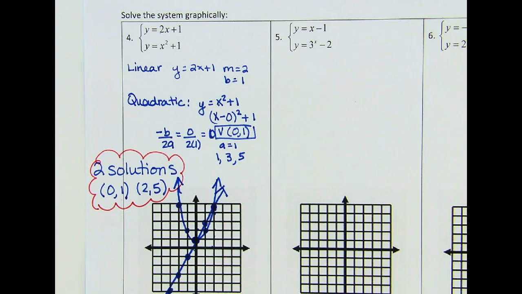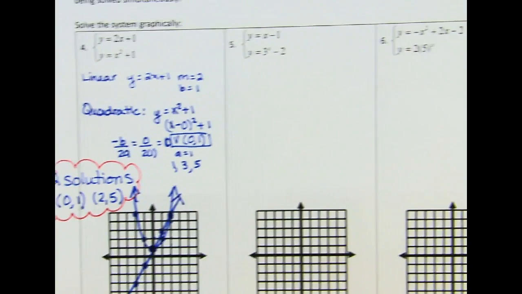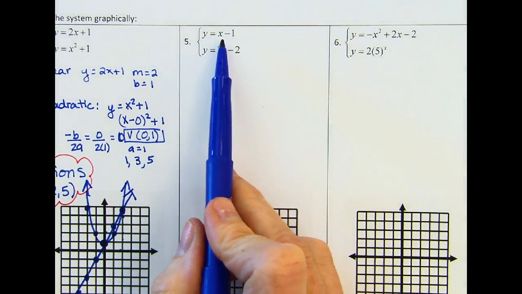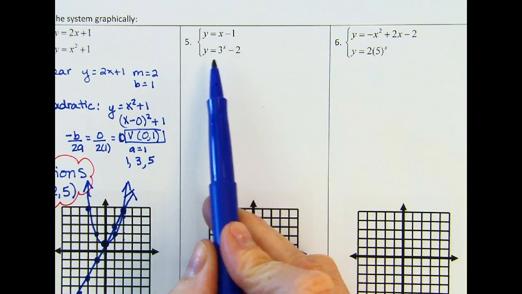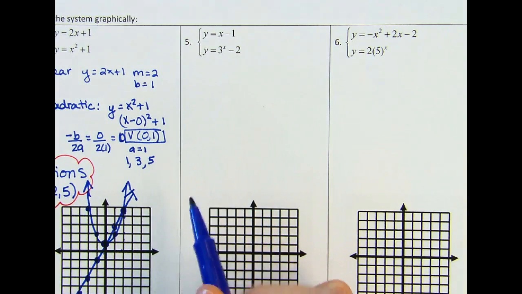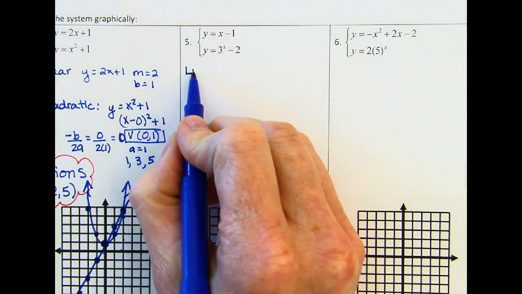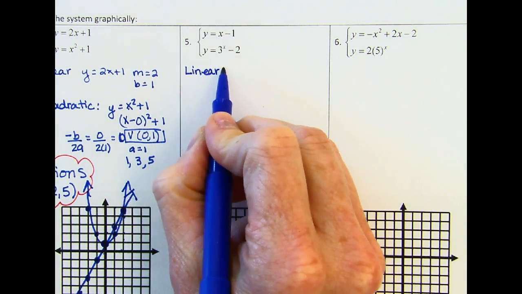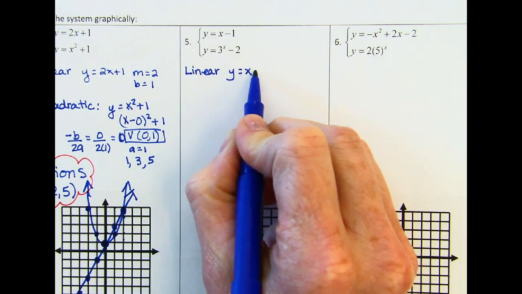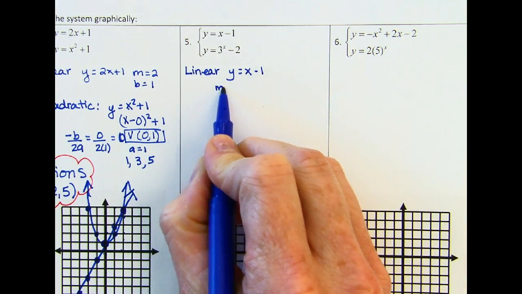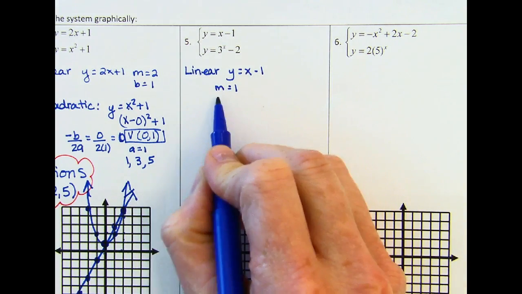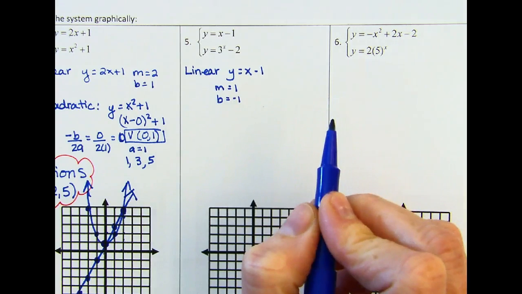Now let's look at question 5. We have a linear piece and an exponential piece. So let's see what happens for this one. For the linear graph, we have y equals x minus 1. We have a slope of 1, and we have a b of negative 1.